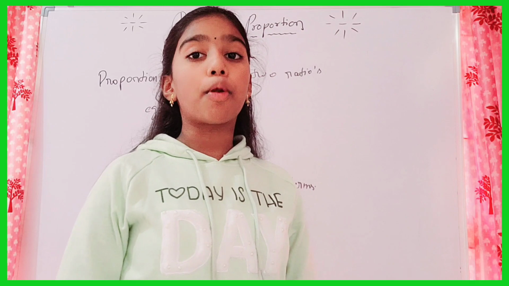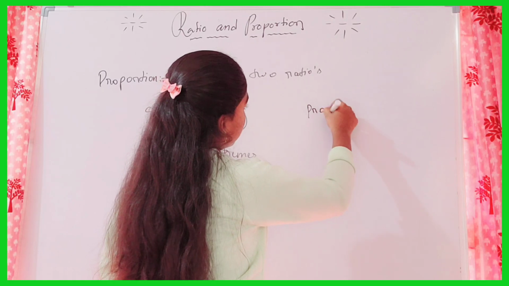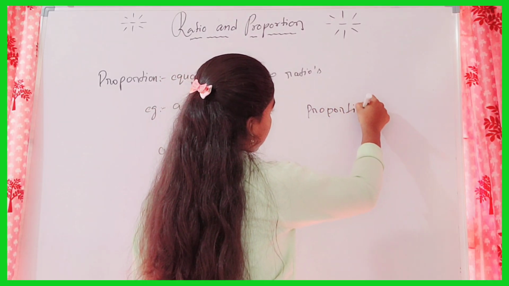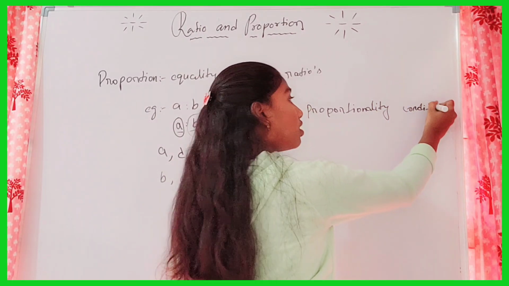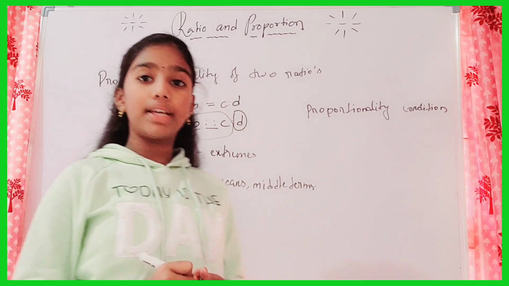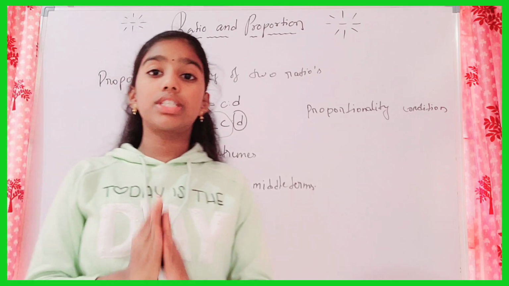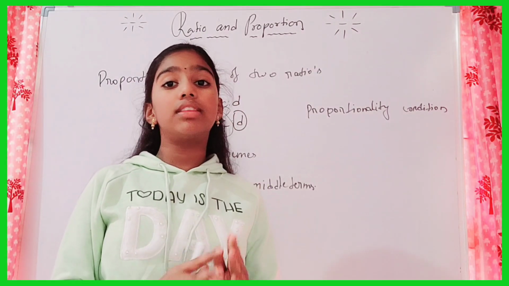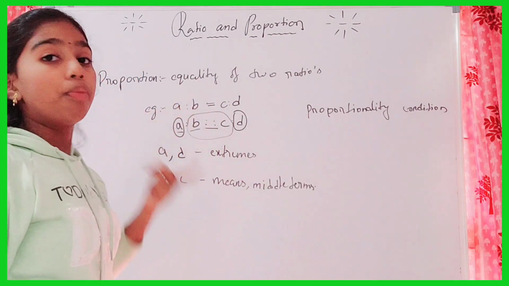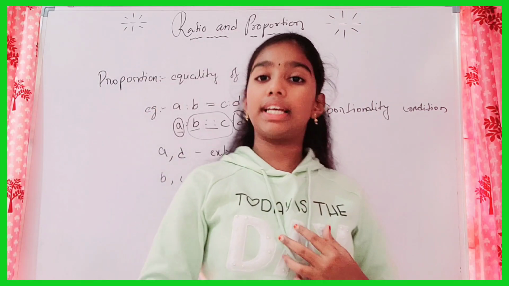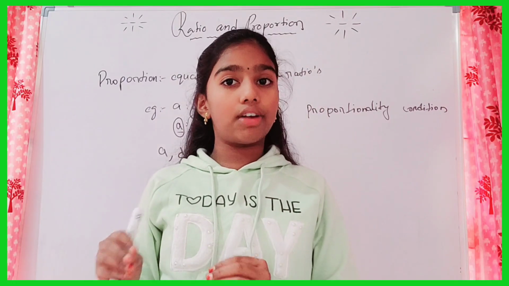Now let's see the proportionality condition. The proportionality condition is used when any one term of the four terms is not given in the question and we want to find that fourth, third, second or first term.